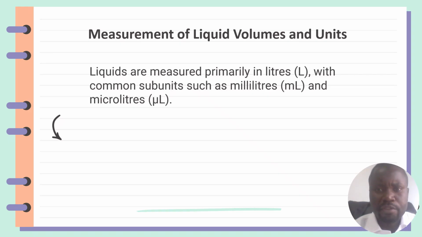Again, here we want to emphasize that the smaller units like micro have to be written in full to ensure that we do not confuse them with the milli that is abbreviated as ml.